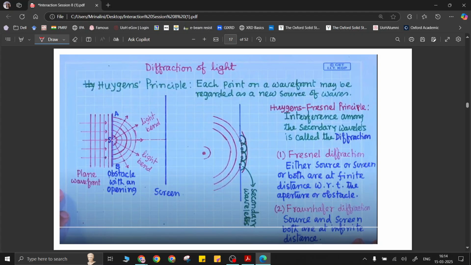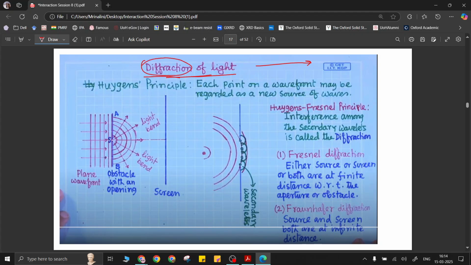After interference, we want to study another phenomenon, which is diffraction of light, which means bending of light. Usually we say that light travels in a straight path, but that's not the case all the time. In some particular situations the light deviates from its straight path, and this phenomenon is called diffraction of light.